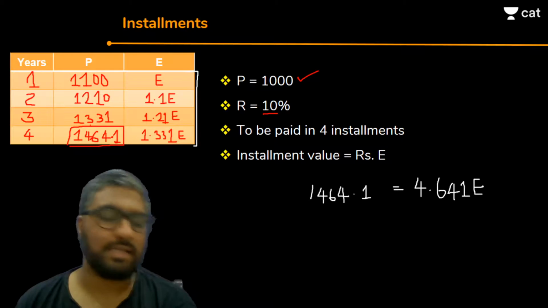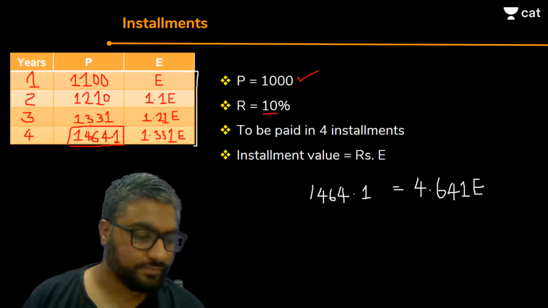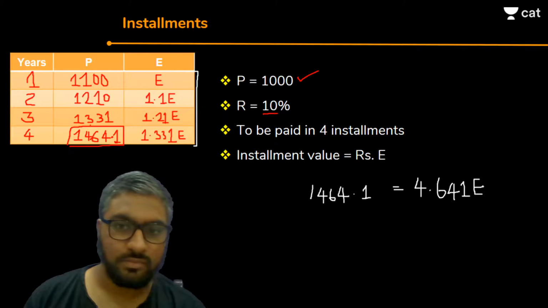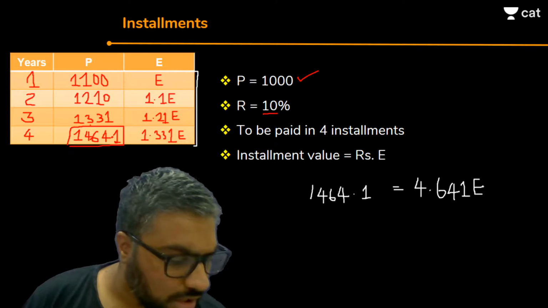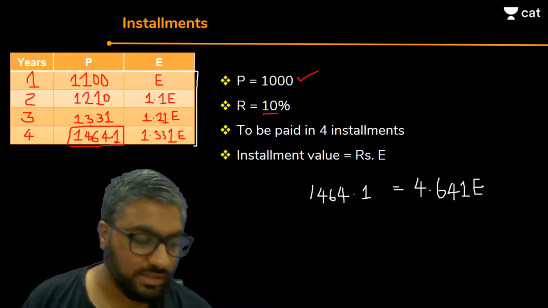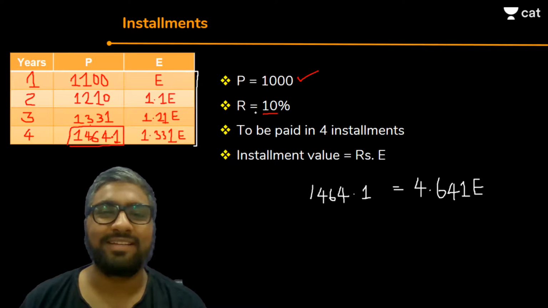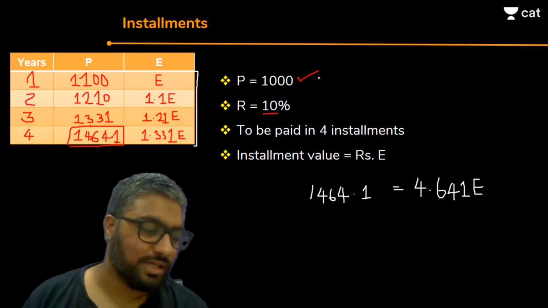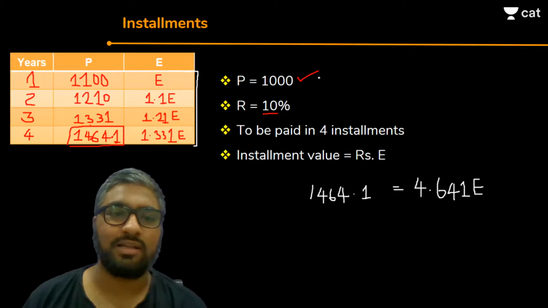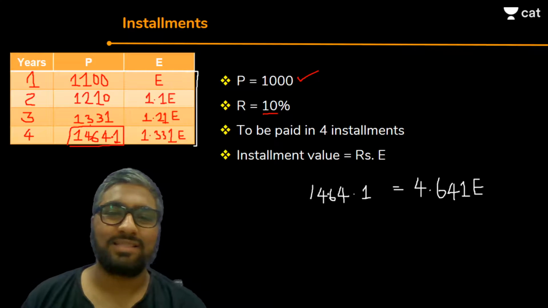Am I making sense here? Are you able to understand this? Hardik, not 14,641. That is a scam. If I give you 1,000 rupees and I ask you to return me 14,641, then that's a scam. Okay, it's 1,464.1.